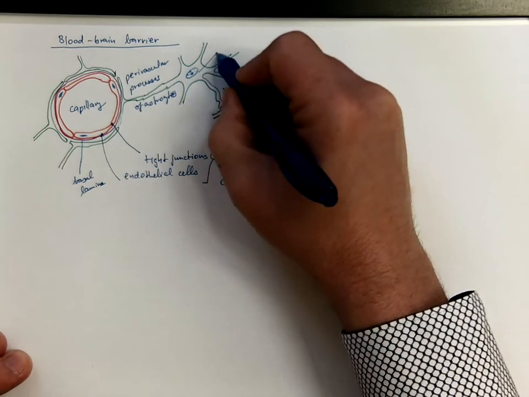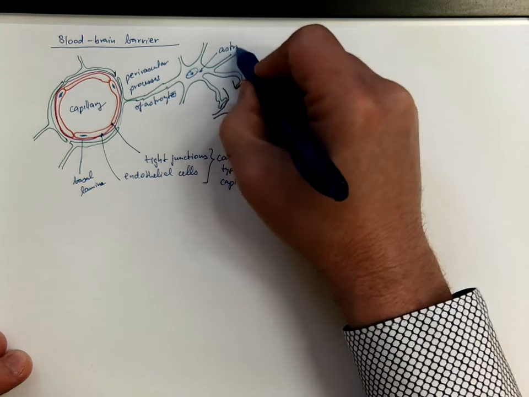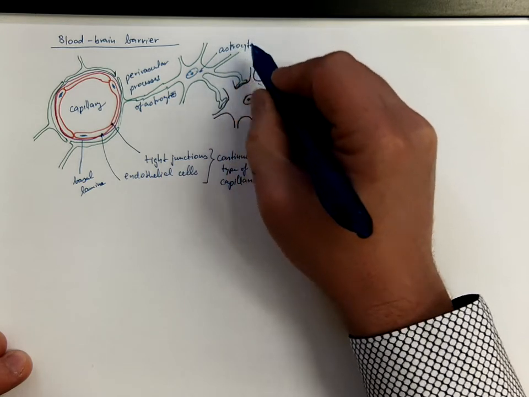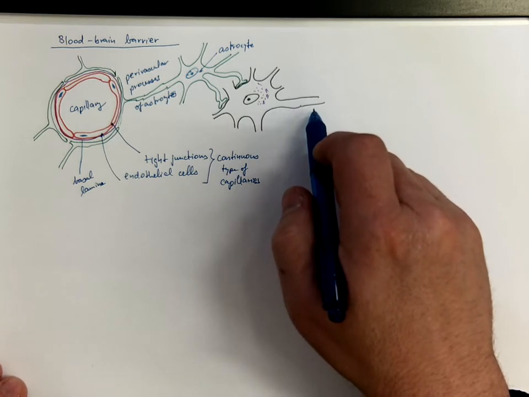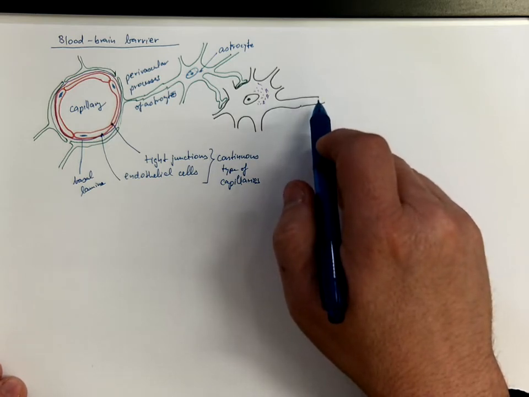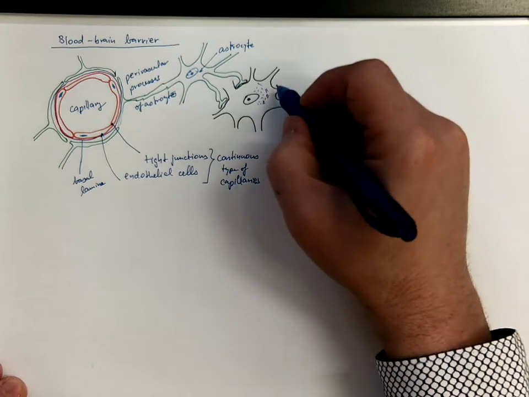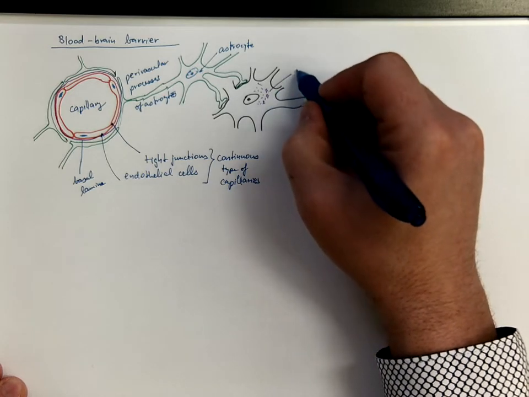This is the body of the astrocyte, either a fibrillar astrocyte in the white matter of the CNS or a protoplasmic astrocyte in the gray matter. And this is the actual body of the neuron.